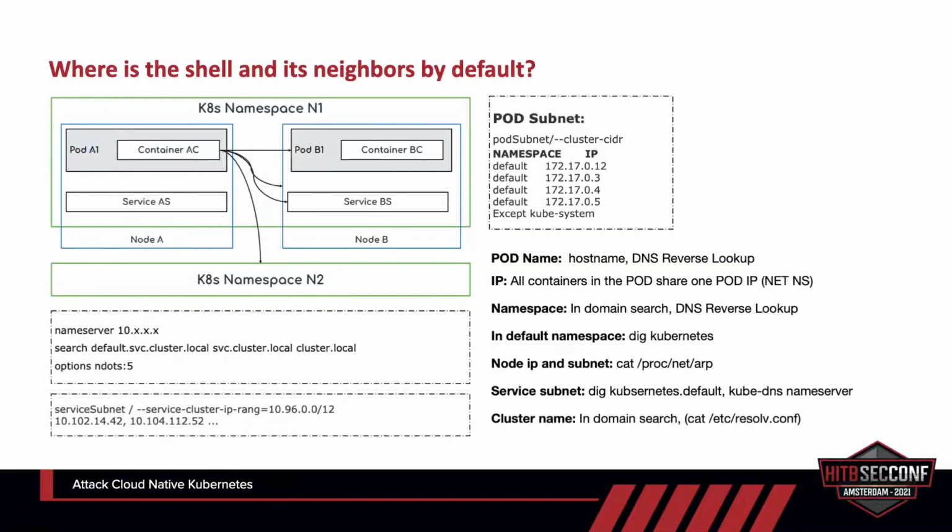Later, we will introduce multiple attacks against the node server of K8s, and the IP information of the current node server will be obtained from the ARP cache table of the current container. The default service and the Kubernetes service in the default namespace, with the IP pointed to by Kubernetes, can also be used to infer the IP subnet of the K8s service.